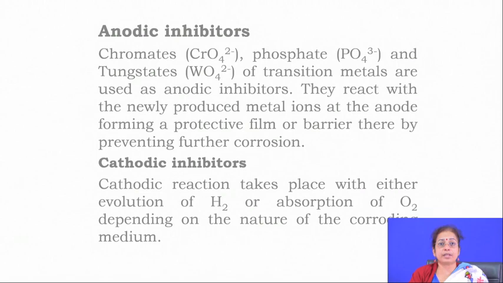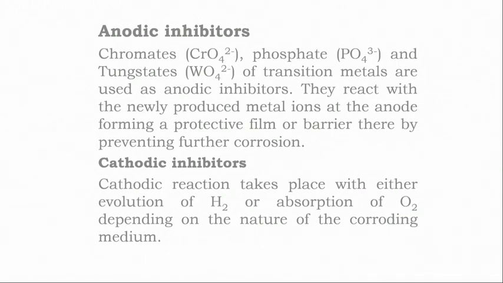Anodic inhibitors are basically like chromate, phosphate, and tungstates. They react with the metal surface and form a protective film or barrier that prevents further corrosion.